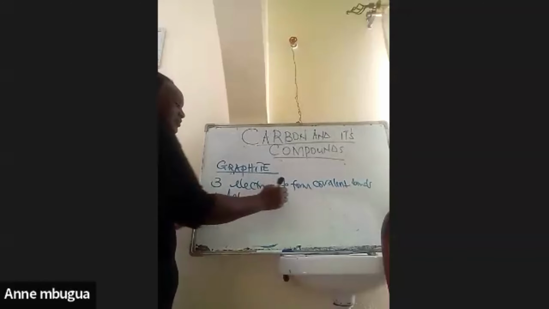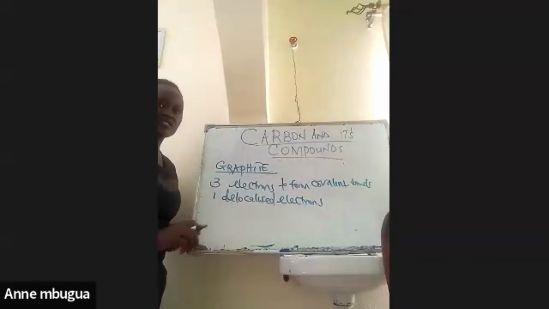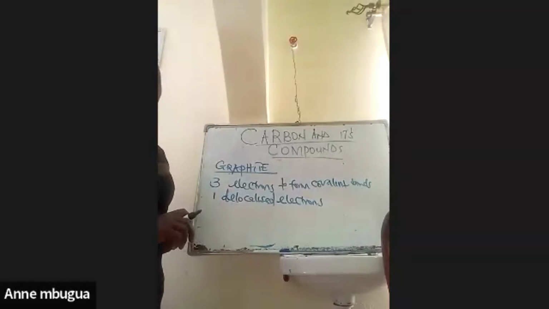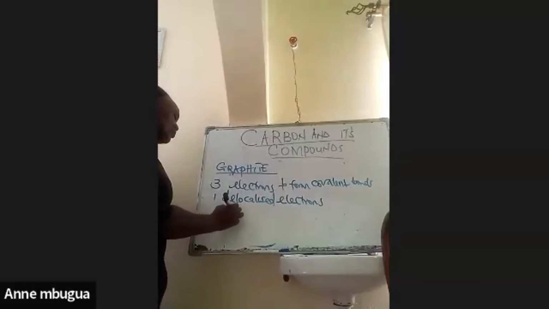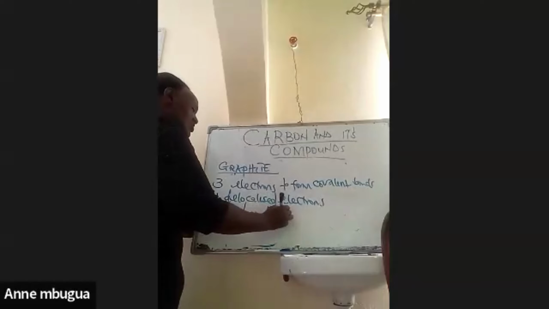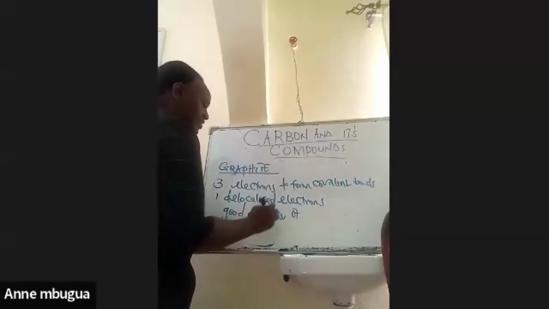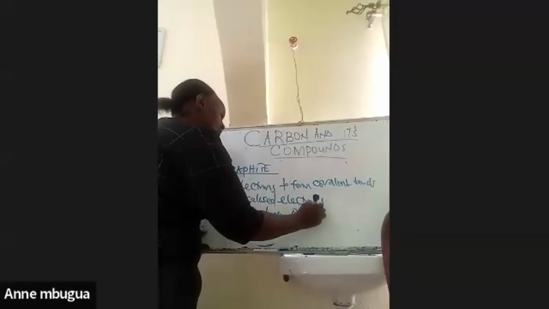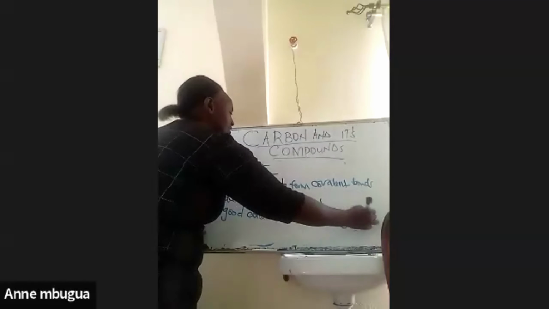And because of this 1 delocalized electron, graphite is a good conductor of both heat and electricity.